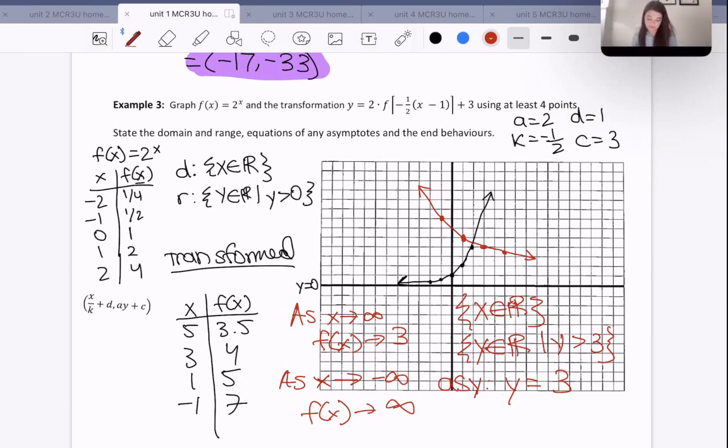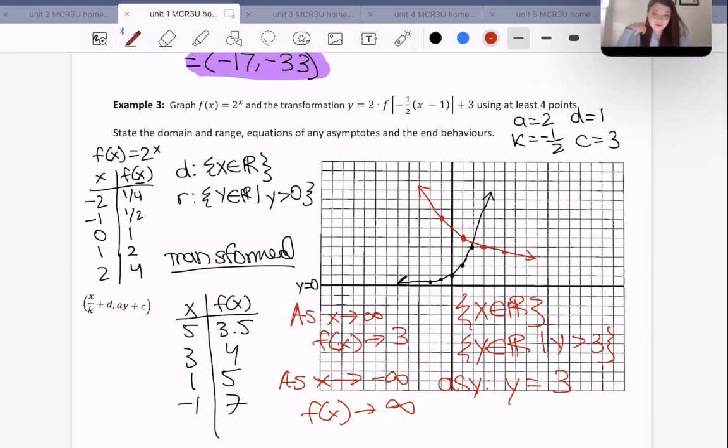Before, the end behavior was that as x approaches infinity, f of x approaches infinity as well, and for the other side it approached the asymptote. Whereas here, our first one approached the asymptote. That has to do with this negative sign here, because we did a reflection across the y-axis, and so that's why that happened.